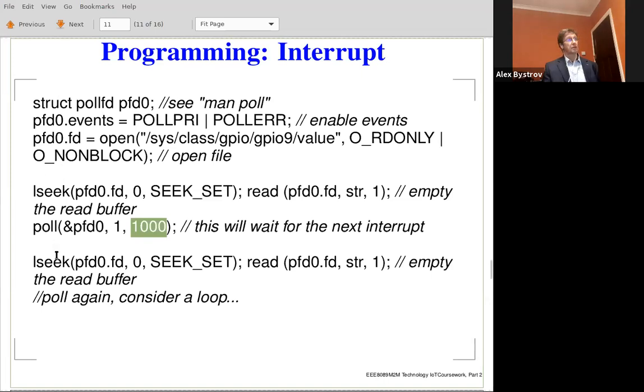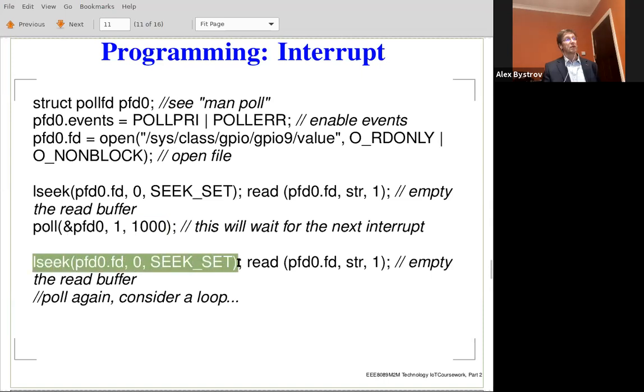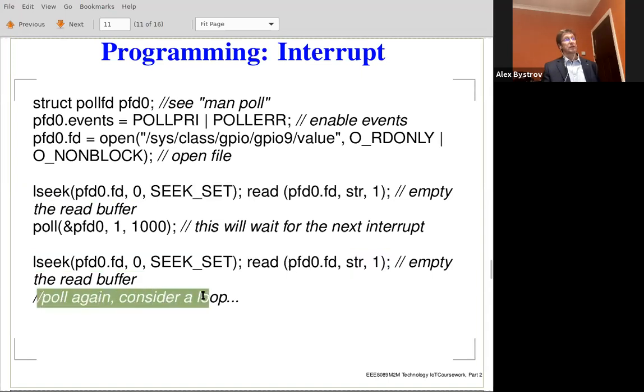So this manual sheet, how it works, you see? After that, I say here that we need to do lseek and read again, so it's the exact copy of that, right? Then poll again, consider a loop. So this construct should be somewhere in the loop. What is this loop? Please refer to the block diagram of the algorithm, which was discussed when we looked at the encode algorithm.